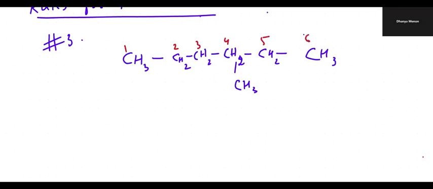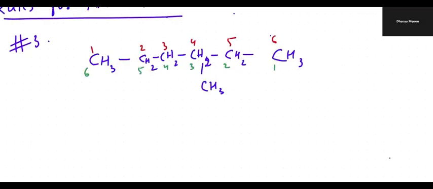You can also number it from this side. 1, 2, 3, 4, 5, 6. Both the ways you can number. But in both the ways, you're getting 6. And both of them, you're getting long chain only. But which one would you prefer? The red one or the green one, which numbering you would prefer.